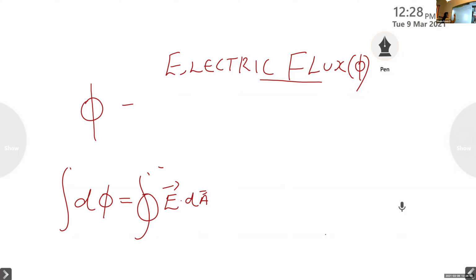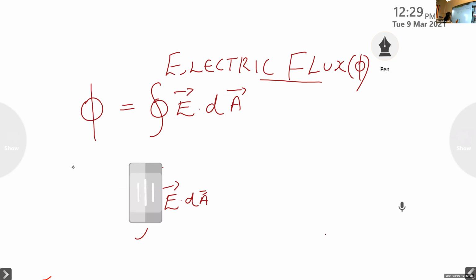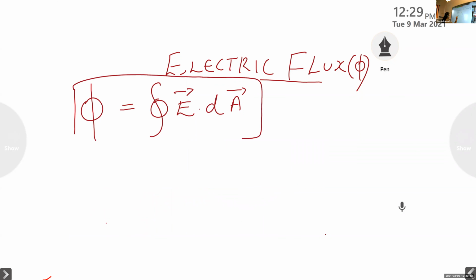Phi is equal to the closed surface integral of E dot dA. Clear? So this is another equation for calculating our electric flux.